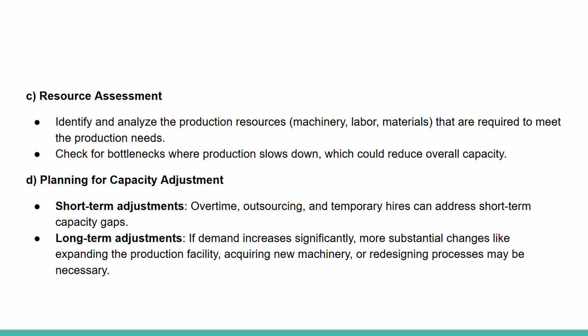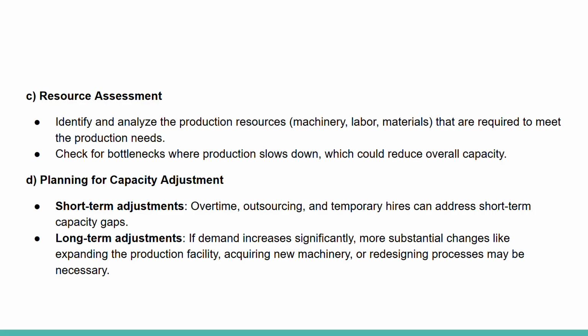Third is resource assessment. Identify and analyze the production resources like machinery, labor, materials that are required to meet the production needs. Check the bottlenecks, where production slows down, which could reduce overall capacity. Fourth is planning for capacity adjustment.